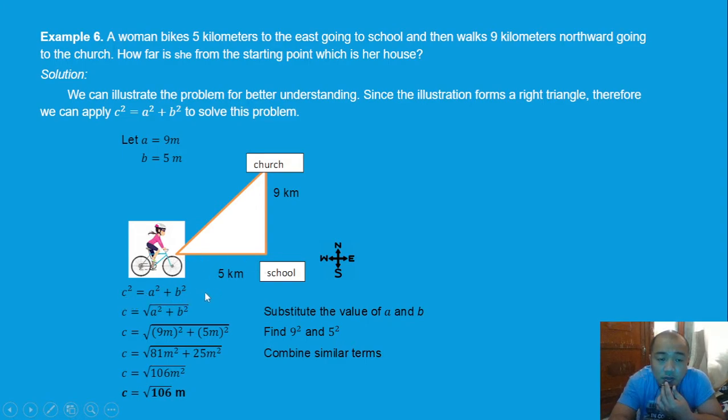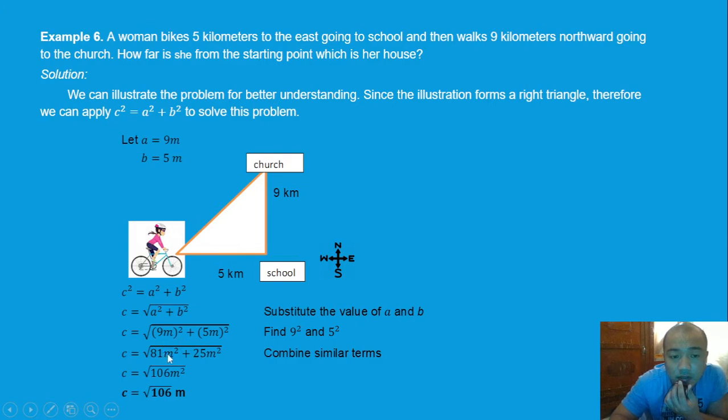C squared equals a squared plus b squared. Substitute a by 9 kilometers. It's only a typographical error; it was written as meters here, but it should be kilometers, so km.